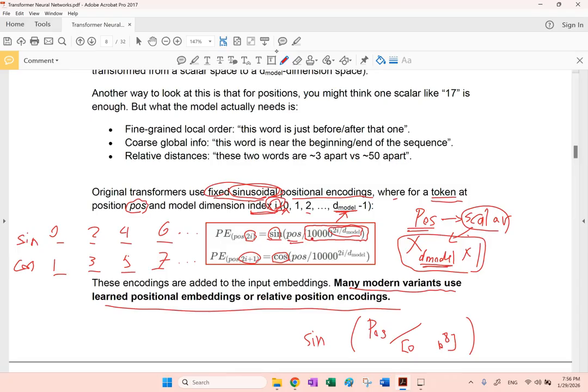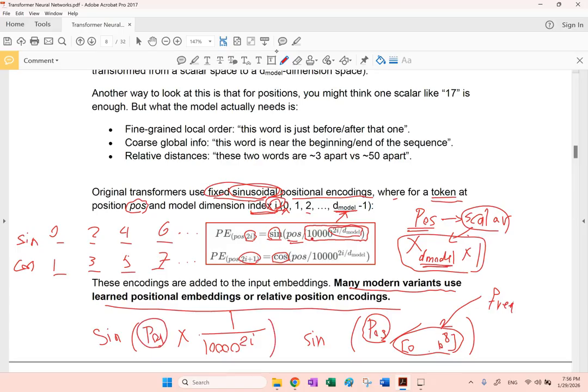For a sine or cosine, this denominator, this 10,000 to the something, determines the frequency, correct? Because you can also write it as sine of pos times 1 over 10,000 to the 2i. So if pos is your input, the frequency of the sine or cosine is determined by this number, 1 over 10,000 to the something.